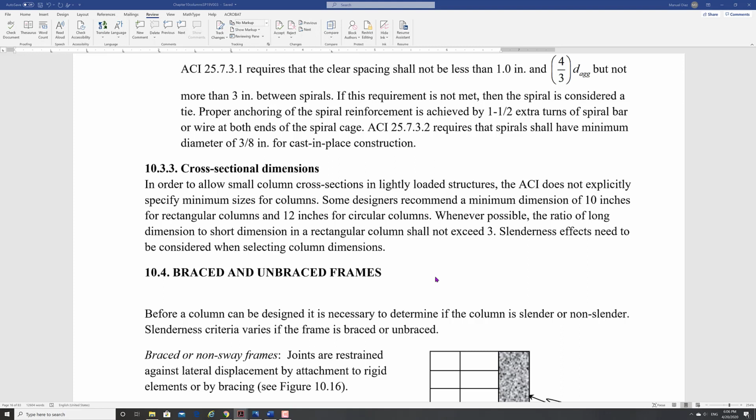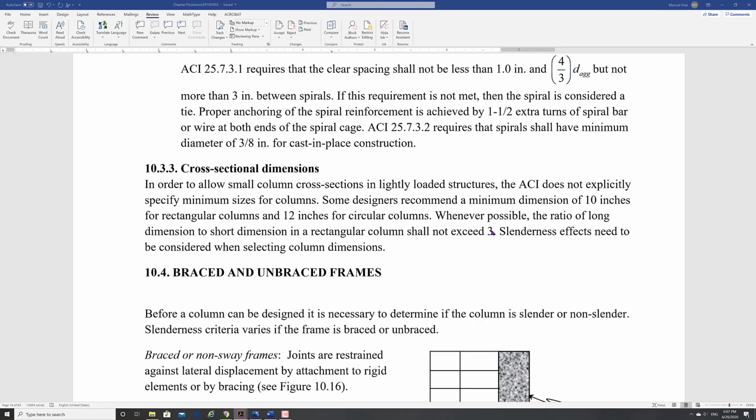You can use whatever you want as long as you make it work. Designers normally recommend 10 inches for rectangular columns, 12 inches for circular columns. And if it's possible, one thing to keep is that the ratio of the long dimension to the short dimension, when you have rectangular columns, shall not exceed 3. Otherwise, it becomes like a wall. It's no longer a column, it's looking more like a wall. That's the only reason for that.